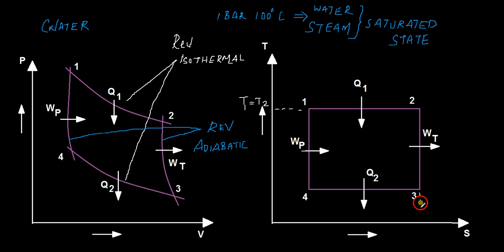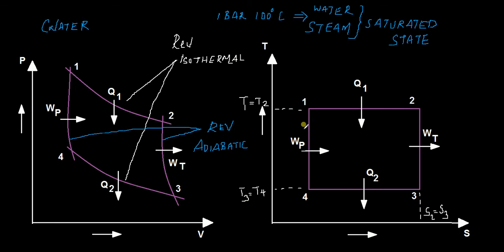Entropy remains the same. Entropy change will only happen if there is heat transfer, so S2 is equal to S3. And then again, the transfer from 3 to 4 is an isothermal process, and therefore there is no temperature change. In other words, T3 equals T4.